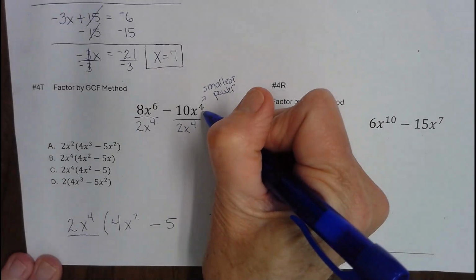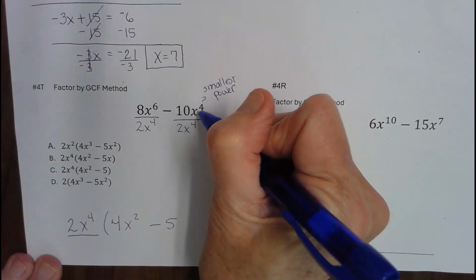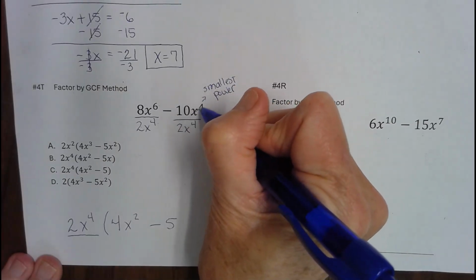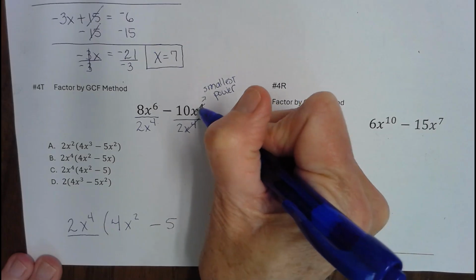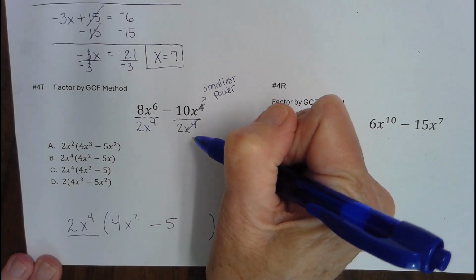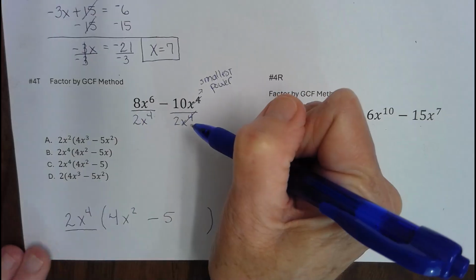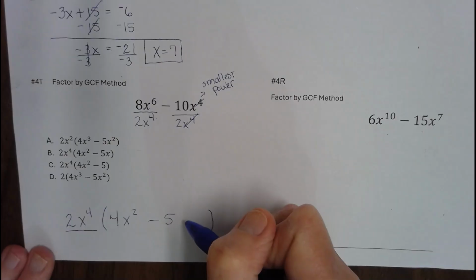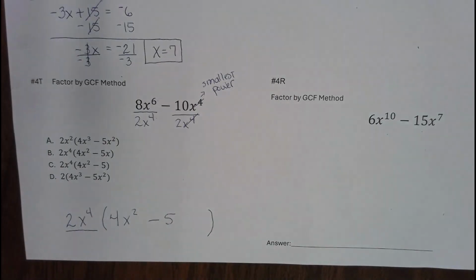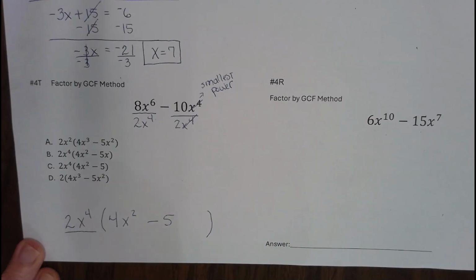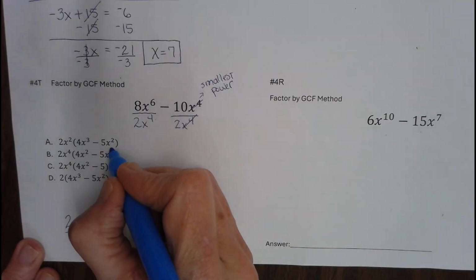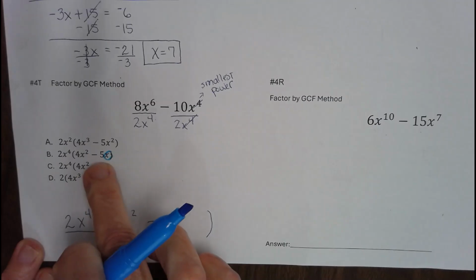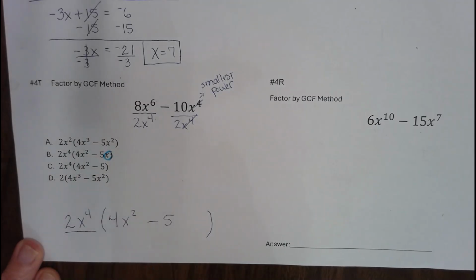And here is where the mistake came in. When we have the same powers on top and bottom, that variable cancels out. And when that variable cancels out, we do not come down here and put an x. And when I looked at all the wrong answers, this was the most chosen wrong answer.